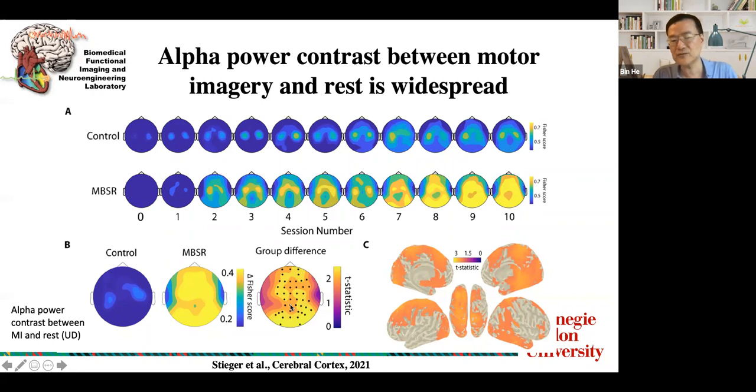Finally, we performed source imaging of the data. We found such alpha power contrast is widely spread out over the cortex at the group level, which shows that with mindfulness meditation training, the meditation group develops a different electrophysiological signature, which may explain why there is significantly better BCI control performance.